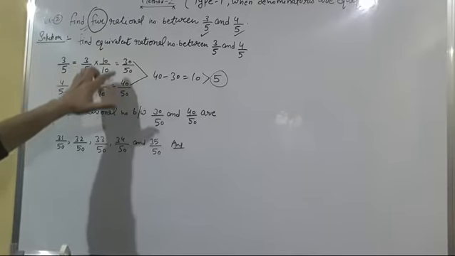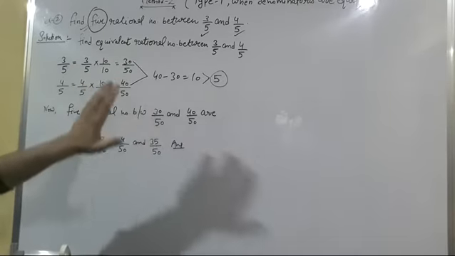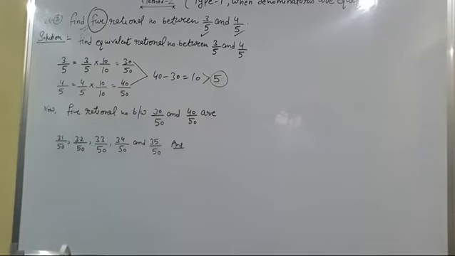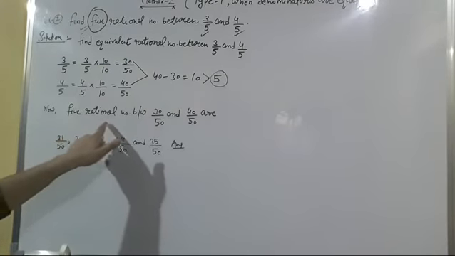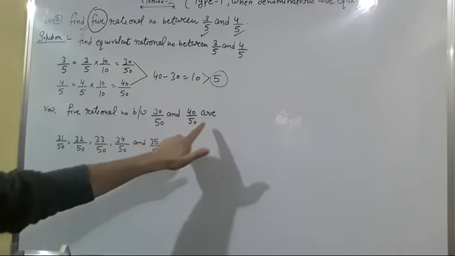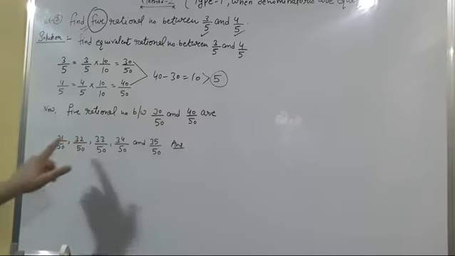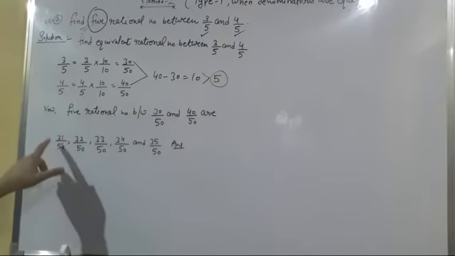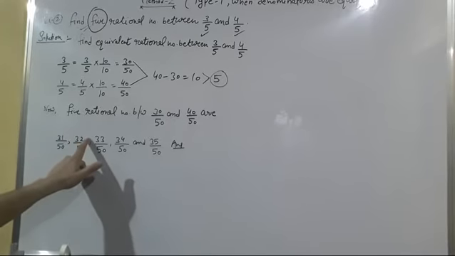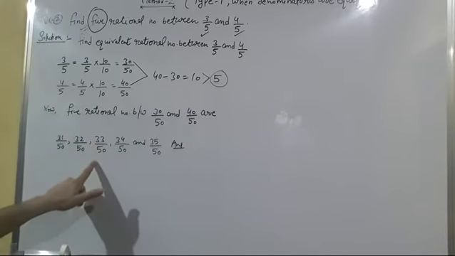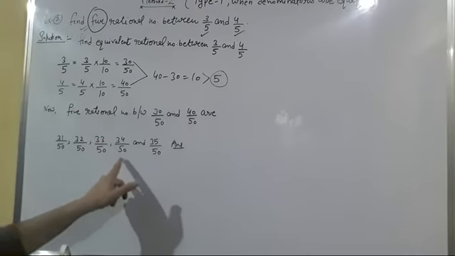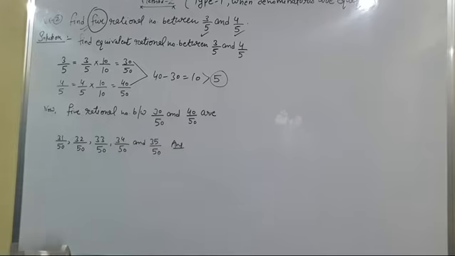30 is smaller than 40. So we will keep adding 1 to the numerator of the smaller rational number. So the 5 required rational numbers between 30 by 50 and 40 upon 50 are 30 plus 1, 31 upon 50. 31 plus 1 is equal to 32 upon 50. 32 plus 1 is equal to 33 upon 50. 33 plus 1 is equal to 34 upon 50, and 34 plus 1 is equal to 35 upon 50.